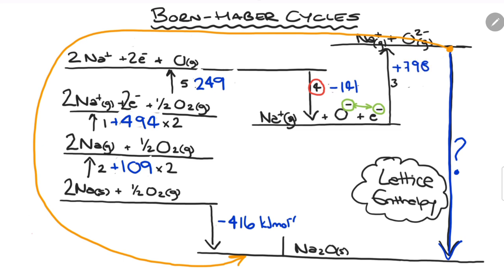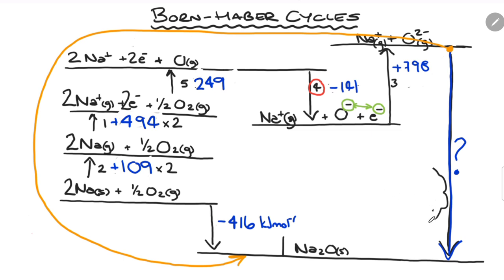And so once we have calculated and inserted each of those values, we can ultimately calculate the question, which was to derive the lattice enthalpy value for sodium oxide. And so what we need to do is put these numbers into a calculation that we can then solve using our calculator.